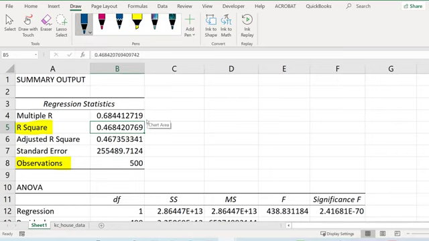R squared answers the question, how much of the variance, really, but how much of the data, the observations, does this model explain? And we calculate R squared based off of the sums of squares in the ANOVA table, but let's not worry about that too much right now.